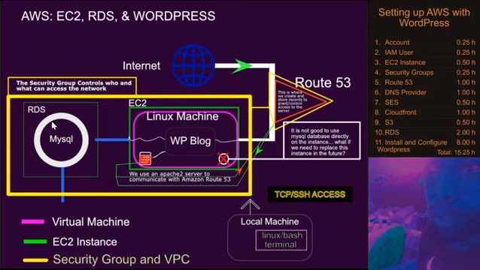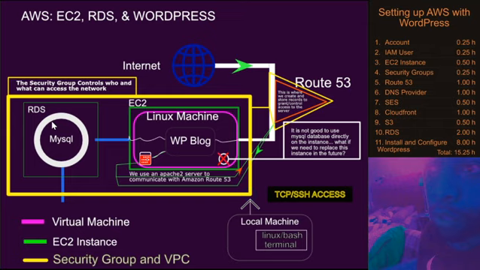Route 53, I will be getting into this. This is where we create and store records to control access to the server. So basically, this is where you'll be updating your TXT records and things like that, right here in your Route 53.